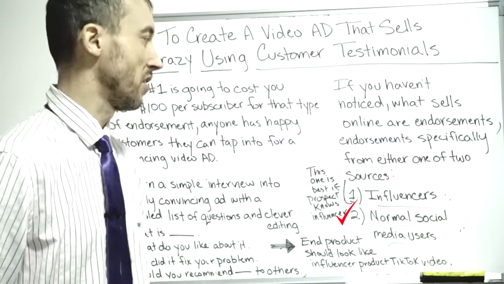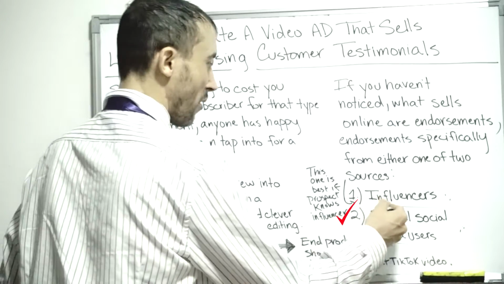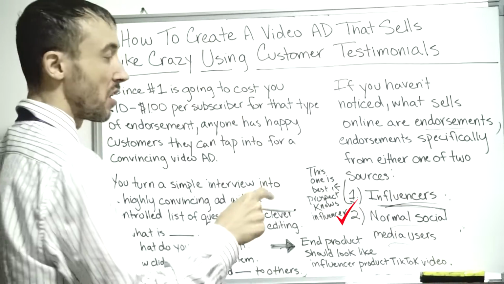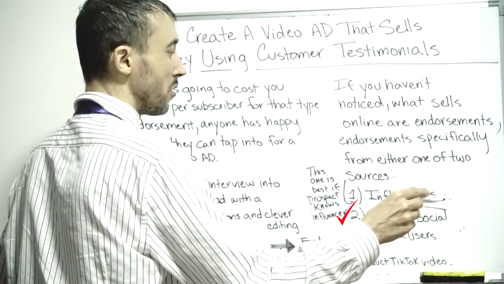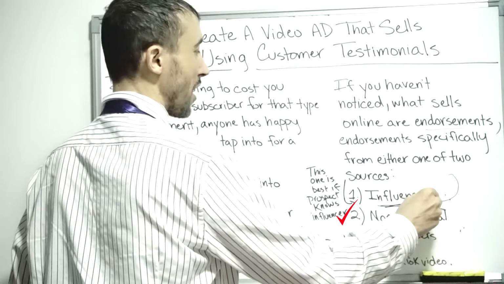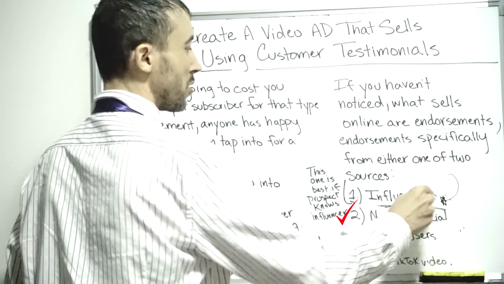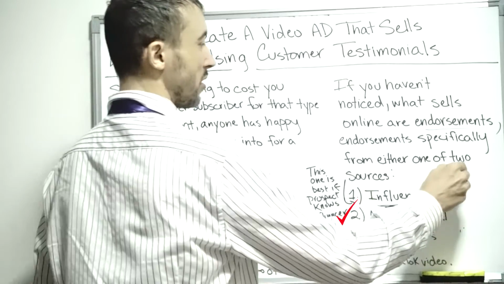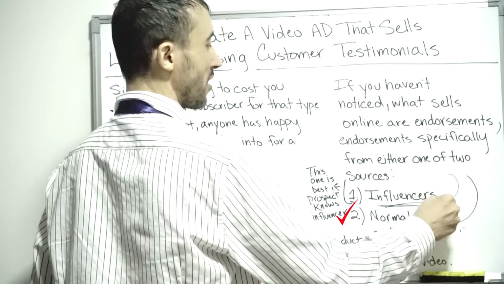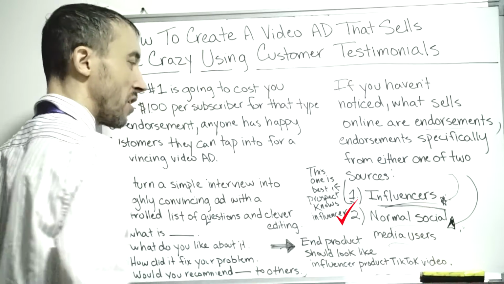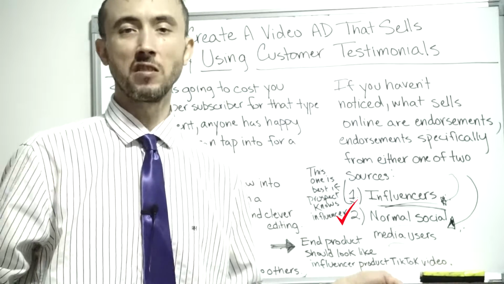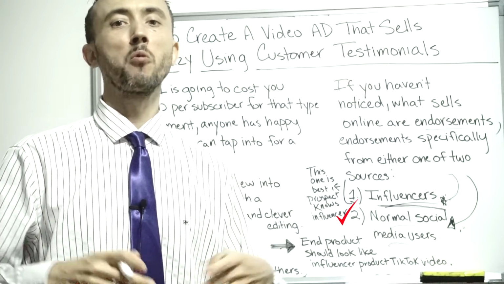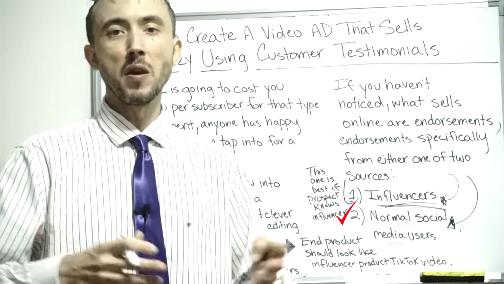So if you can get one of these two parties to speak well about your product or service, you can sell a lot. The influencer route is going to be better, specifically if you can get an influencer that the person you're trying to sell to specifically knows, to speak well about your product, and that will outsell what a customer they don't know says about your product. Because they already trust that person specifically, so obviously it's going to outsell what some random person on the internet says about your product or service.